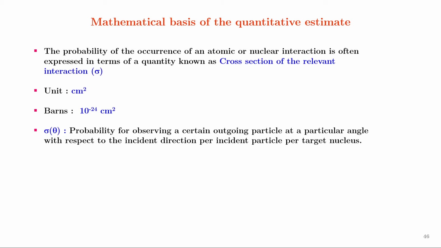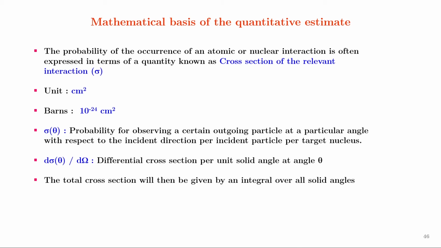We indicate this by writing the cross-section as sigma(theta) or as d sigma(theta) by d omega. This quantity is known as the differential cross-section per unit solid angle at angle theta. The total cross-section will then be given by an integral over all solid angles, sigma equal to integral of d sigma(theta) over d omega times d omega.